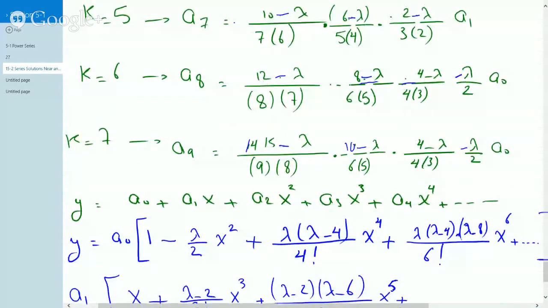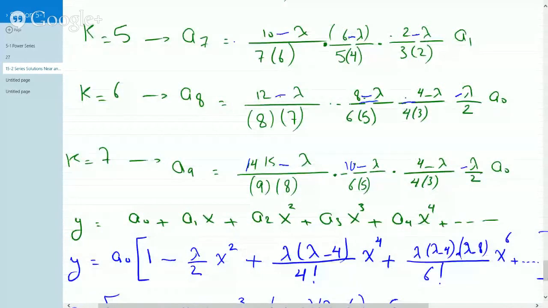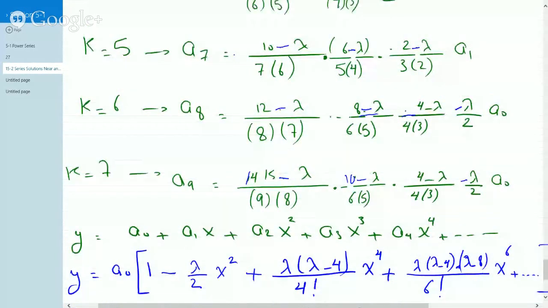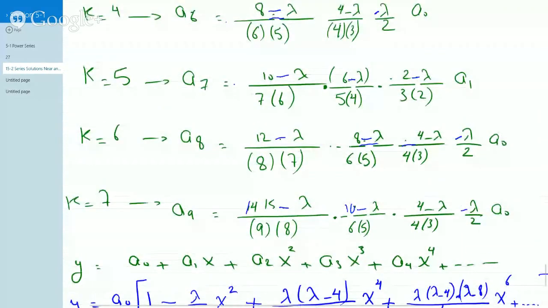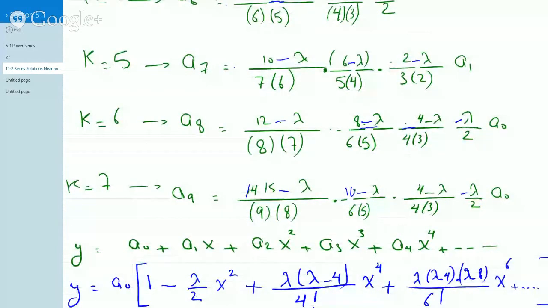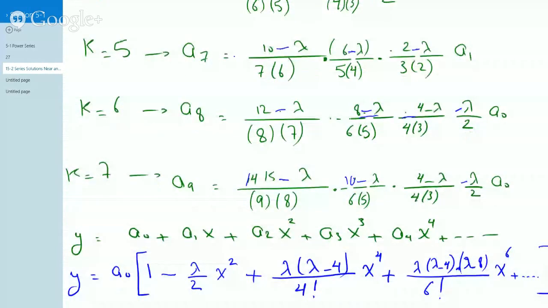And then the fourth place is, let me try it here. Lambda minus 2, lambda minus 6, over 7 factorial, perfection.